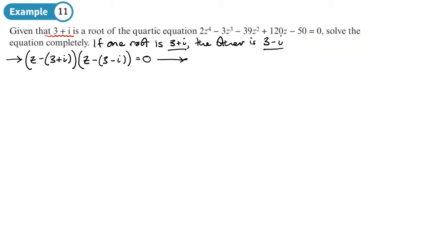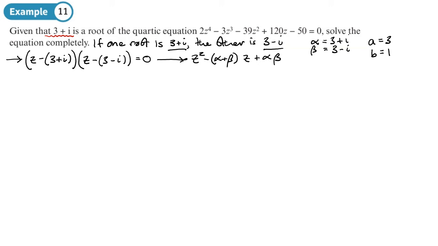Remember, if our roots are alpha and beta, and in our case one is 3 plus i and one is 3 minus i, and the real part of our roots we call a, which is 3, and the imaginary part, the number in front of i, which is 1, then we know the quadratic we get is z squared minus (alpha plus beta) z plus alpha times beta.